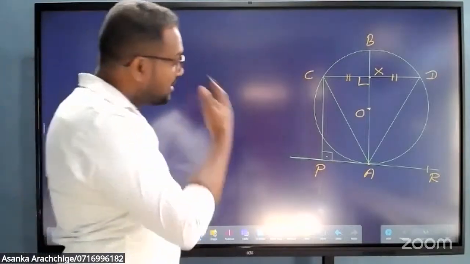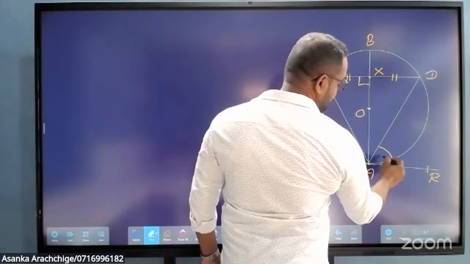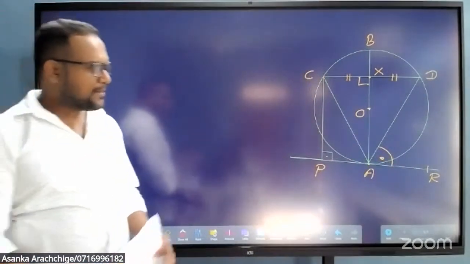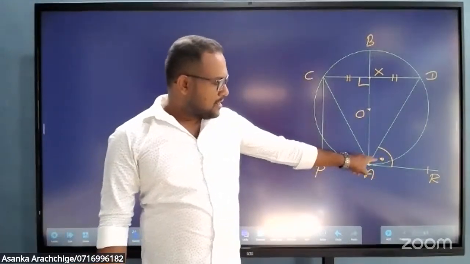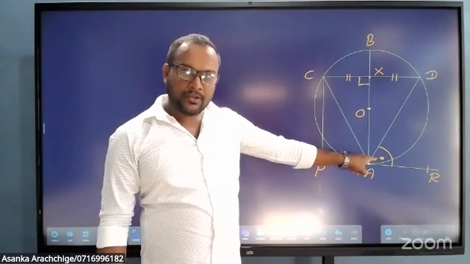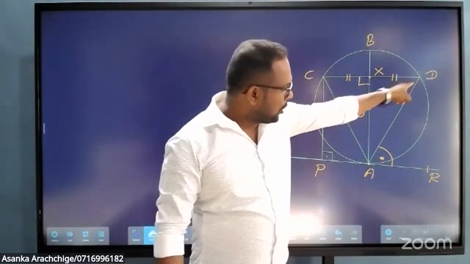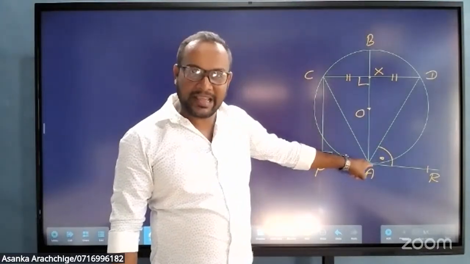This is angle DAR. This is the angle between the tangent and the chord AD drawn at the point of contact.